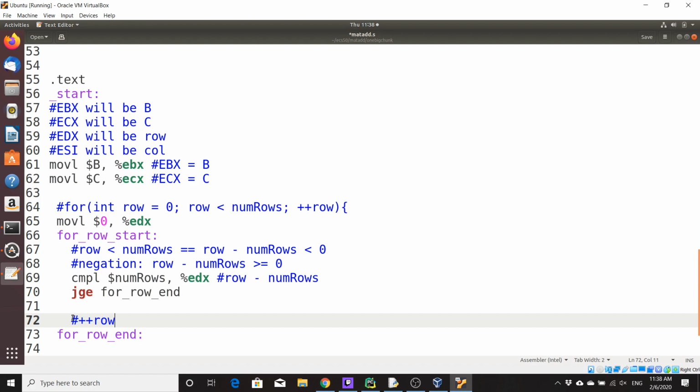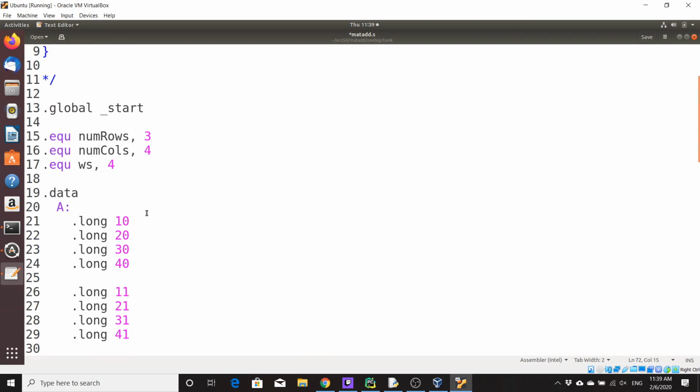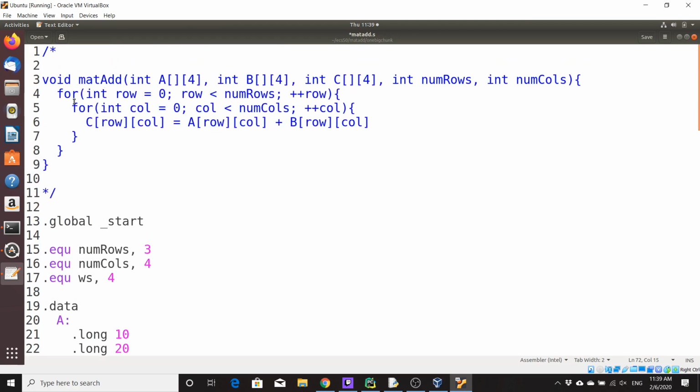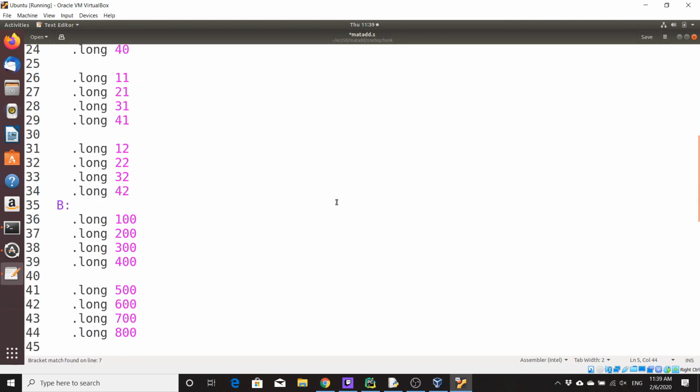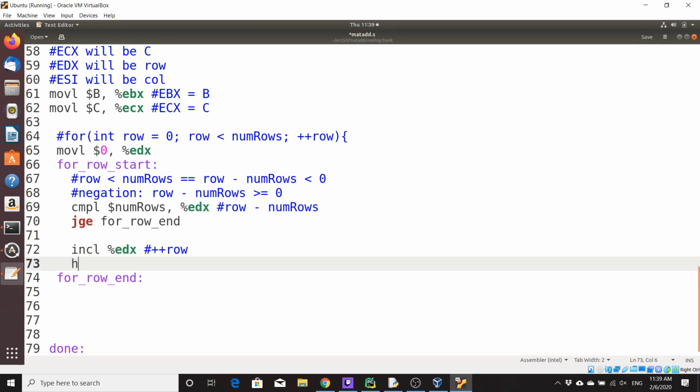Yeah, we just need to increment, so we can use increment. We want to increment EDX, which is row. Yay, we did it! Right, for loop number 1, done. Next line of code. Oh yes, we do need the jump for start, my bad. Jump for row start.